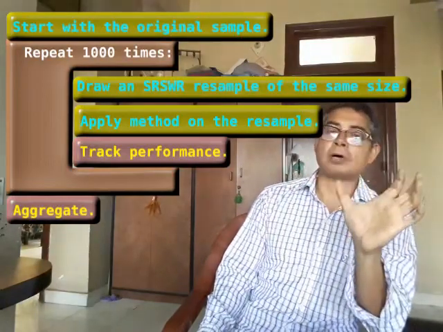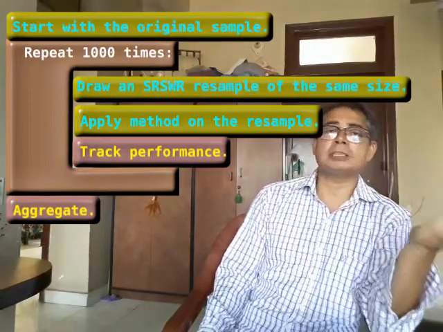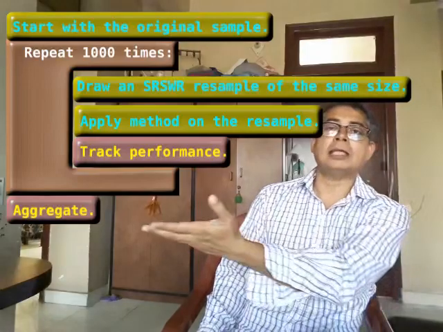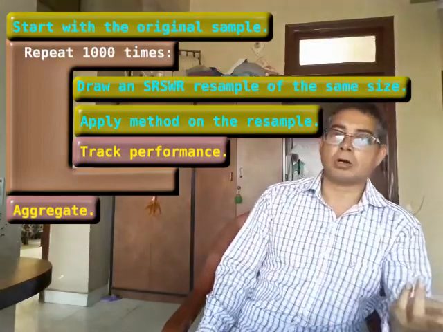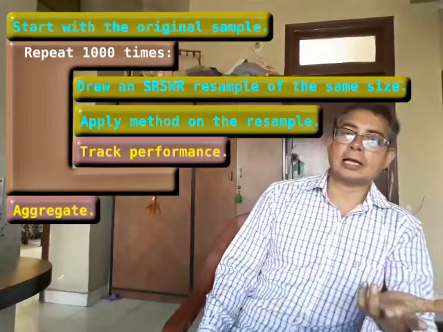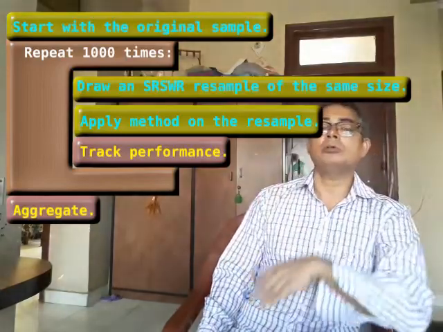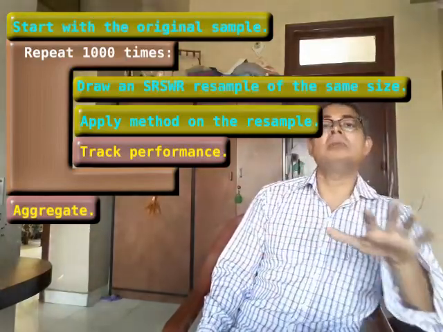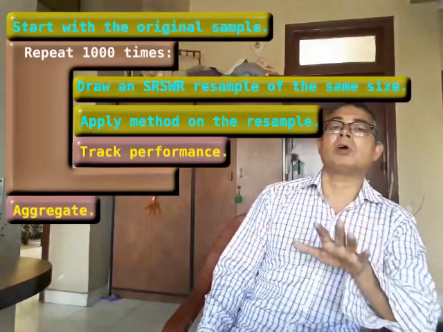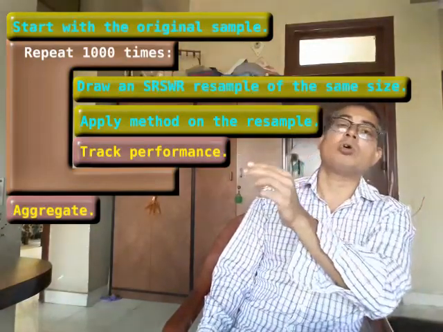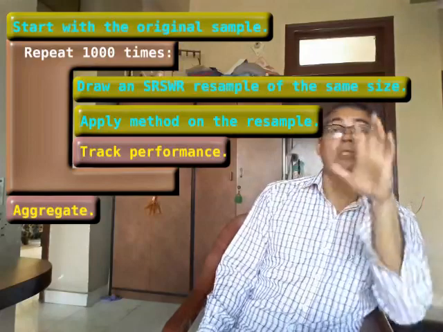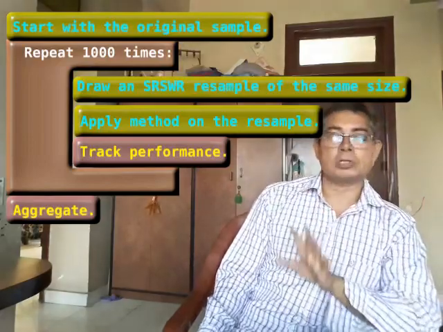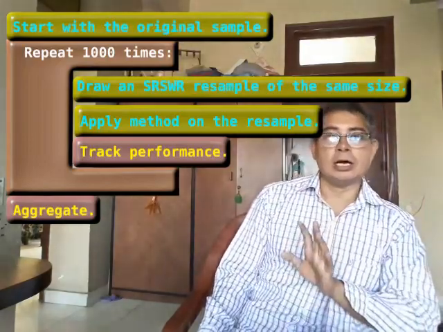How you track performance may be something as simple as storing a value, and aggregating may be as simple as making a plot or taking an average or standard deviation. Somehow you have to look at the overall behavior of all these performance scores that you have obtained. So with this in mind, we are going to approach R, where we shall see a practical implementation of this concept.